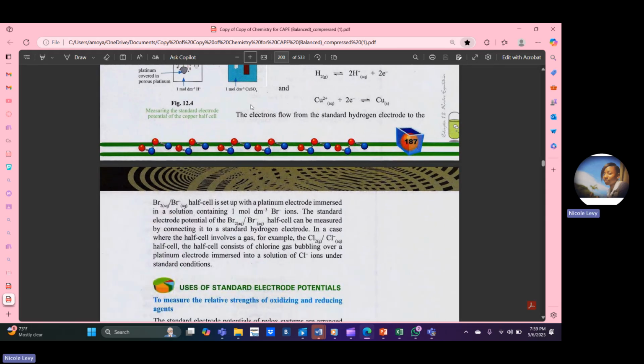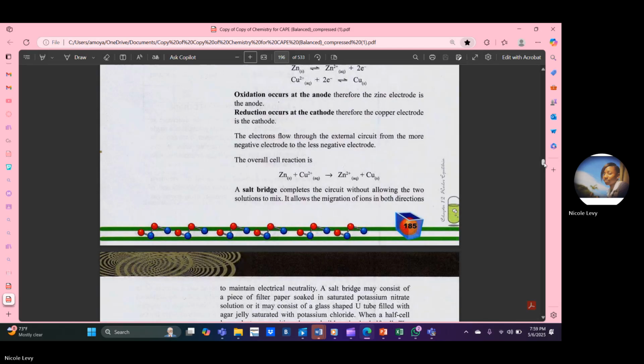All right, so we were at this. So the electrons flow from the hydrogen electrode to the, hold on.